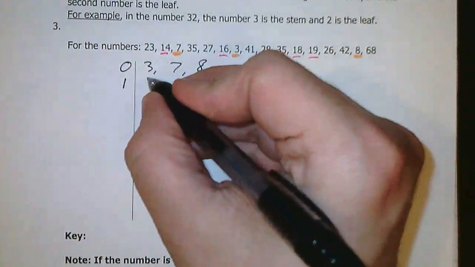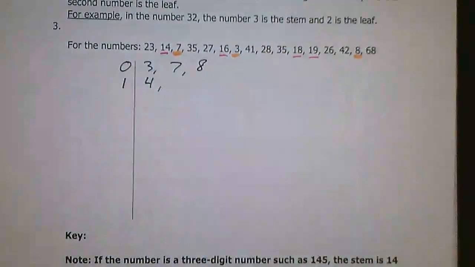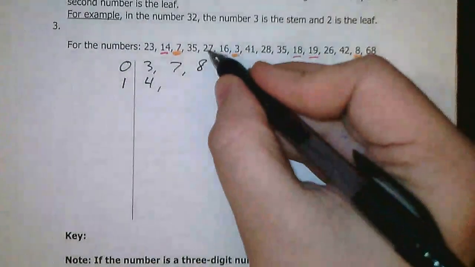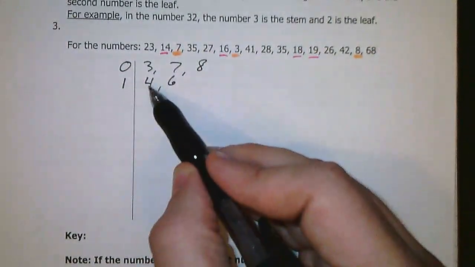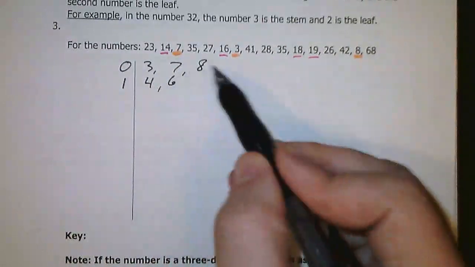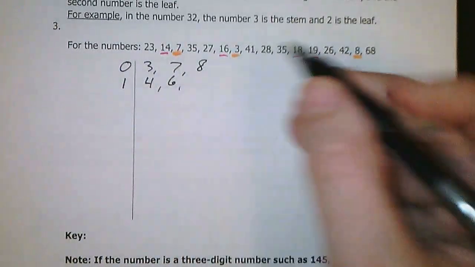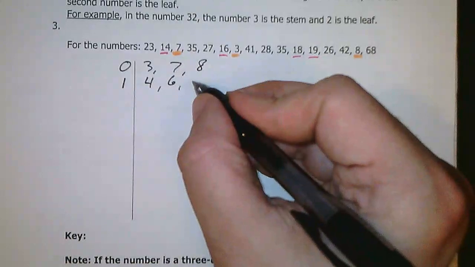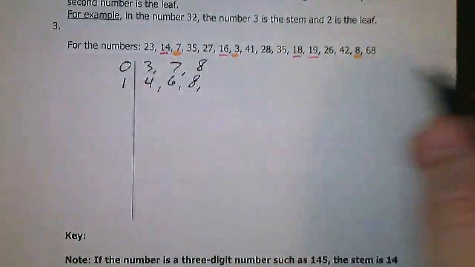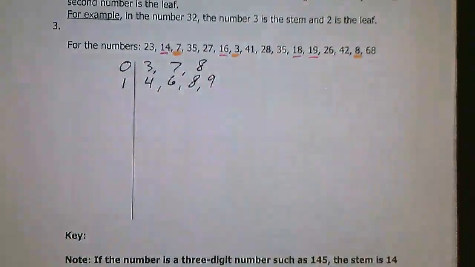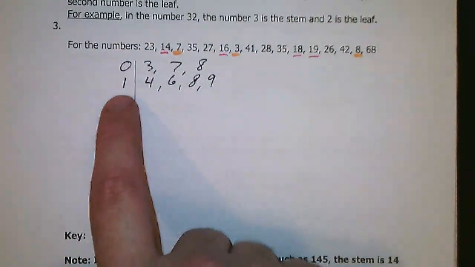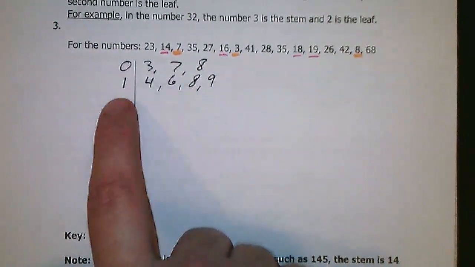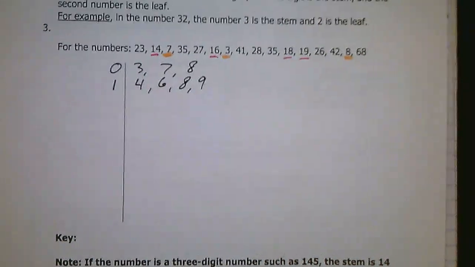So we have 1, 4, 1, 6. So again, first digit 1, and then we have the second digit being a 4. The next entry, second digit being a 6. We have 1, 8, and 1, 9. So that represents 14, 16, 18, and 19.